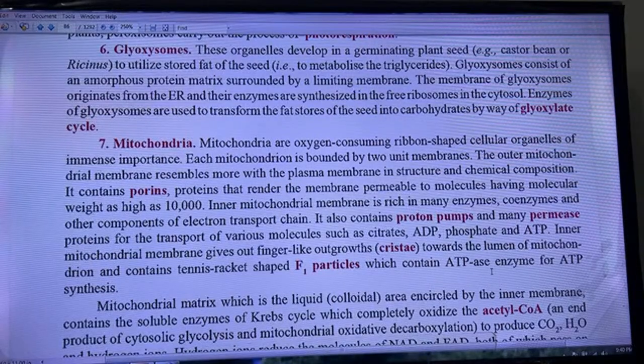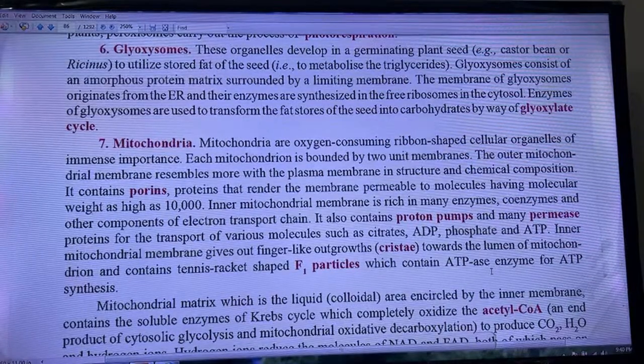Glyoxysomes. These organelles develop in the germinating plant seed, such as castor bean, to utilize the stored fat of the seed and metabolize the triglycerides. Glyoxysomes consist of an amorphous protein matrix surrounded by a limiting membrane.